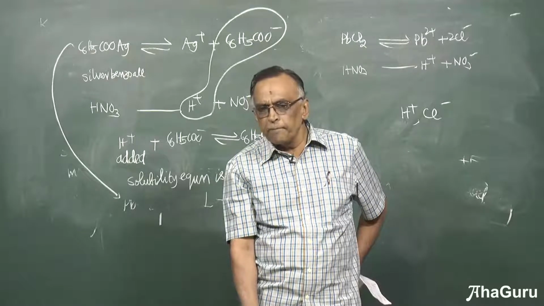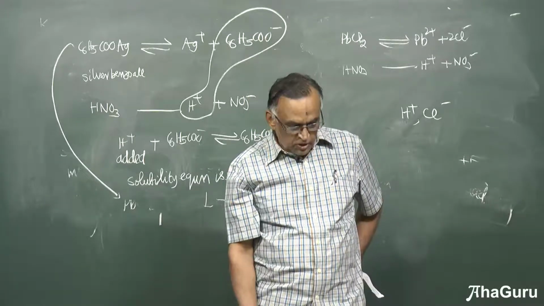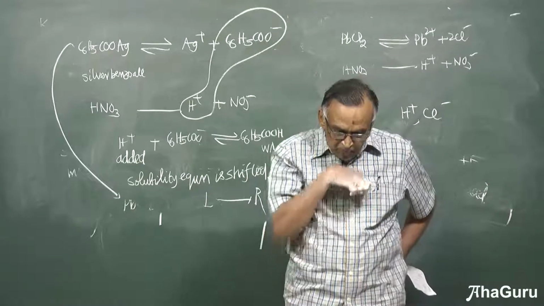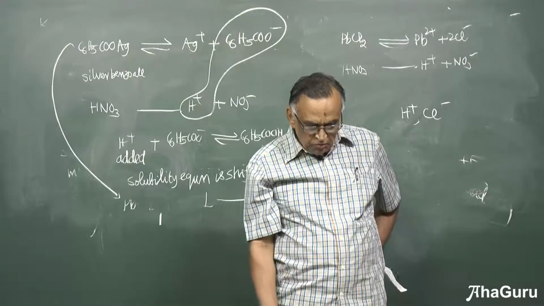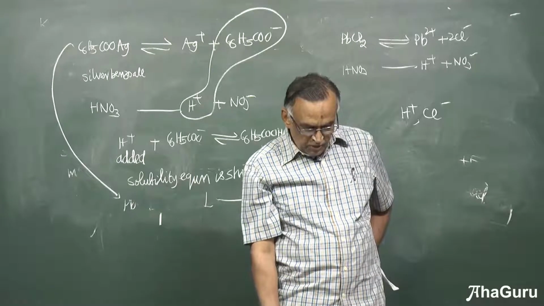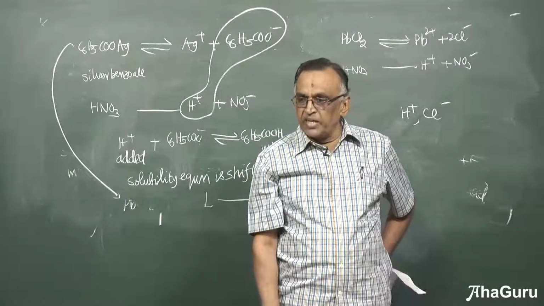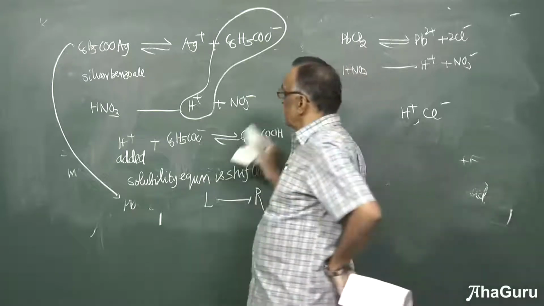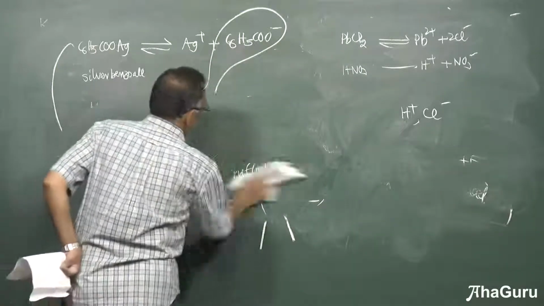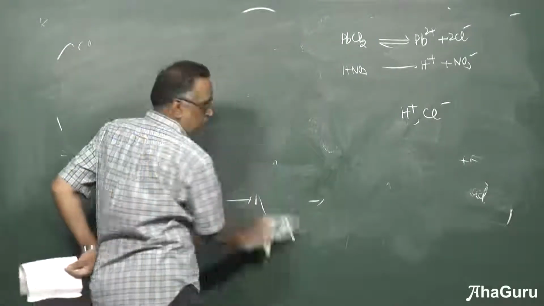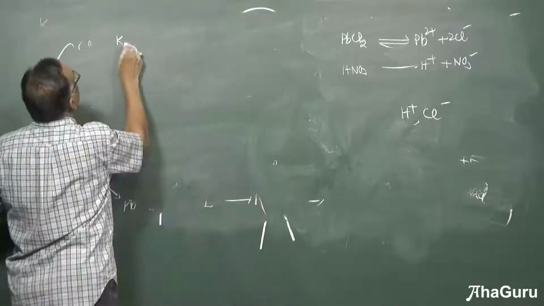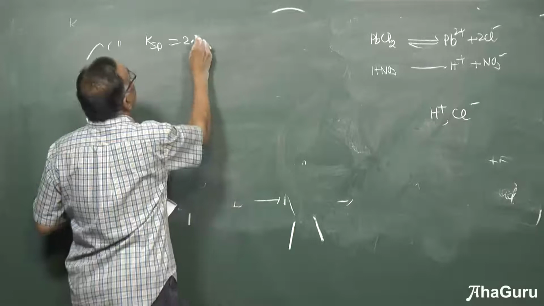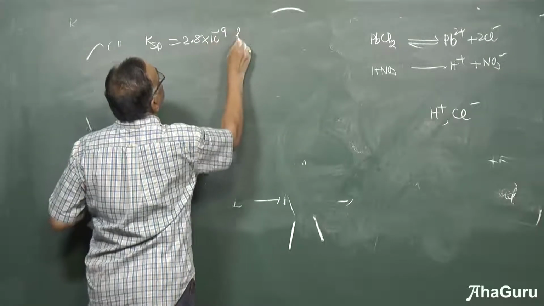That means what? You are adding H+. Given KSP of strontium fluoride is 2.8 × 10^−9.